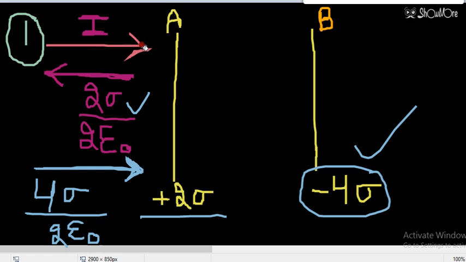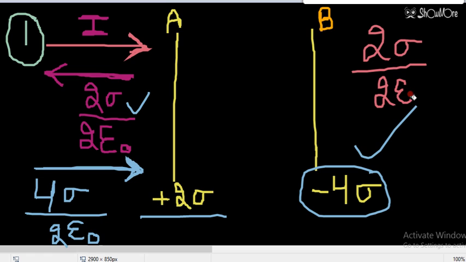This is the direction of net electric field in region 1 and its magnitude will be greater minus smaller, so 4 sigma by 2 epsilon naught minus 2 sigma by 2 epsilon naught. So resultant electric field has the magnitude 2 sigma by 2 epsilon naught.